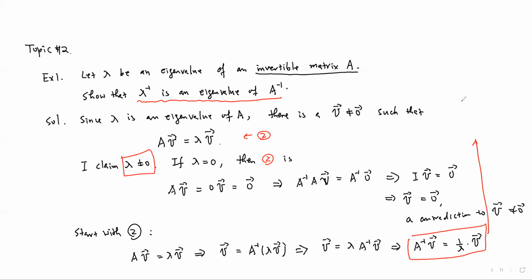So this equation implies that 1 over lambda is an eigenvalue of A inverse. So we have proved this statement: if A is invertible and lambda is an eigenvalue, then lambda inverse is an eigenvalue of A inverse. This is example 1.